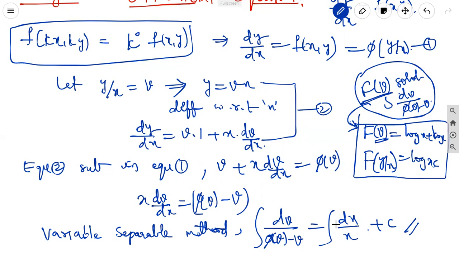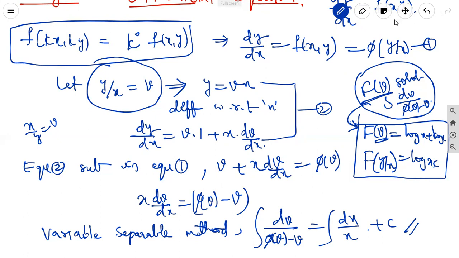We can follow these steps to get the solution from the variable separable method. Before that, we take the assumption y by x is equal to v. In some cases, we use x by y as v, where x is replaced with y. That depends on the given problem.